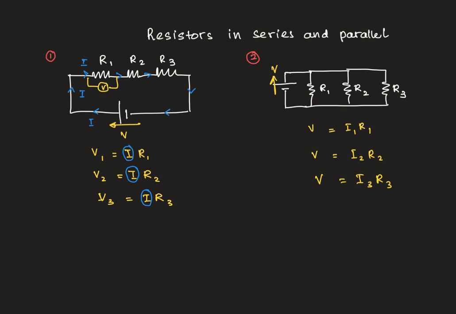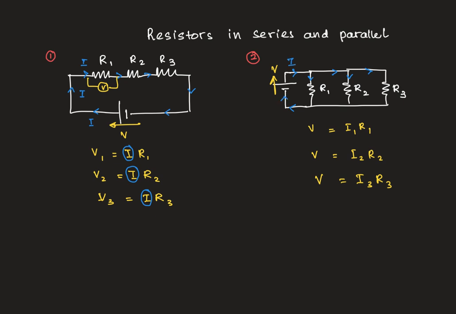Here the current finds different paths. They take different paths and go around, and when you come back to the same point over here, it has to be the same current as you started with.